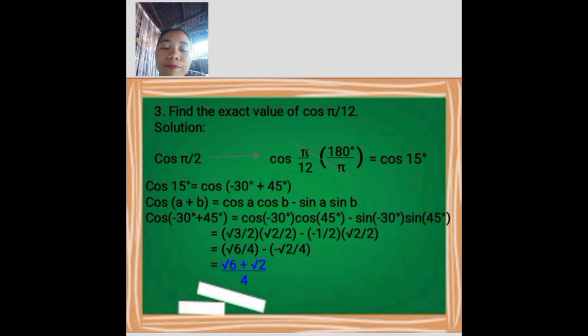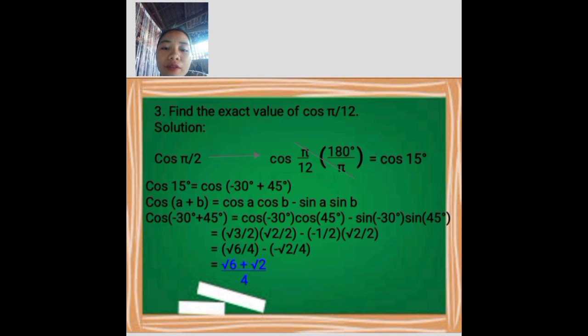So we have to substitute these values into the formula. We have cos A plus B is equal to cos A cos B minus sin A sin B. So A is negative 30 degrees and B is 45 degrees, so we have cos negative 30 degrees, cos 45 degrees, minus sin negative 30 degrees, sin 45 degrees.